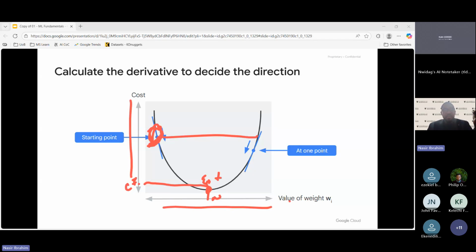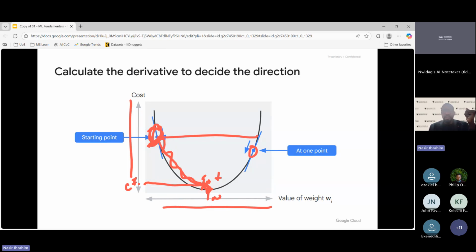So you calculate the derivative of the cost function, and let's say it is negative. This means that the slope is negative and you are on the left side of the curve. Now if you want to go to the bottom, then you have to go down, so you keep going right. Now what if you are at a point here?